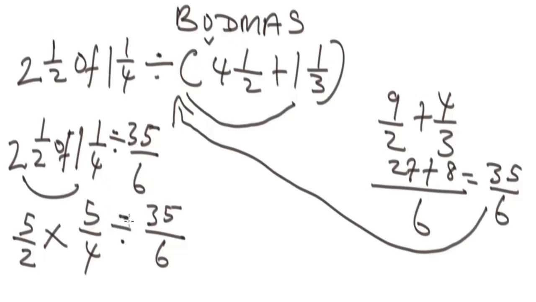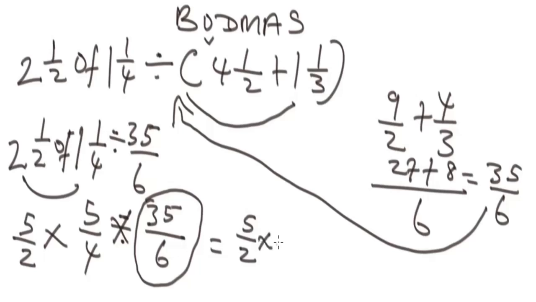To simplify this division, we have to change it to multiplication, and when you do it, you are going to invert what is here. So take note of what we're going to do here. When you change this to multiplication, you're going to have 5 over 2 times 5 over 4, then times, no division, times, and then invert what we have here, now 6 over 35.